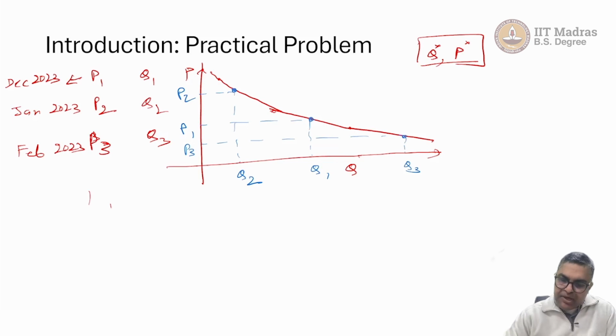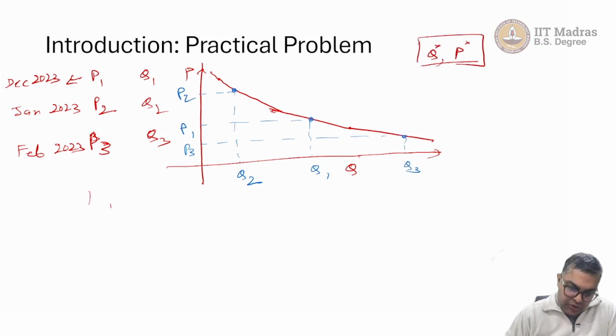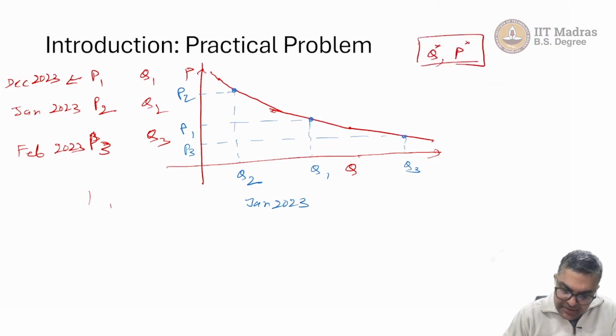It's very much possible that this Q2 we are talking about is for Jan 2023. It's very much possible that in Jan 2023 your supply curve is something like this and your demand curve is something like this.